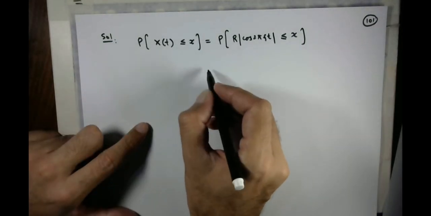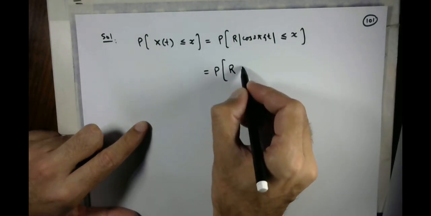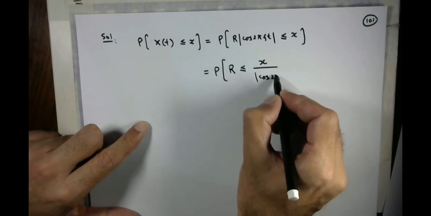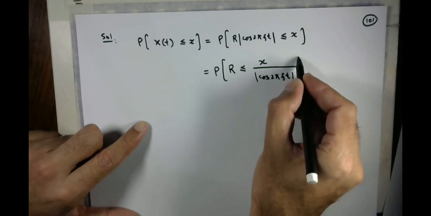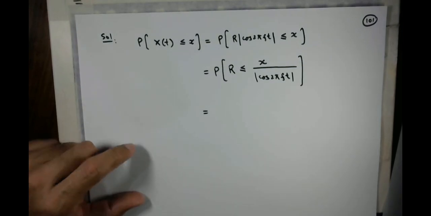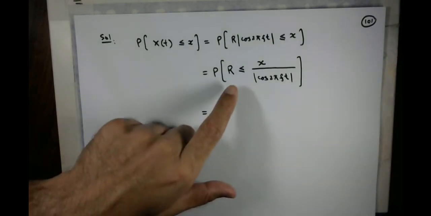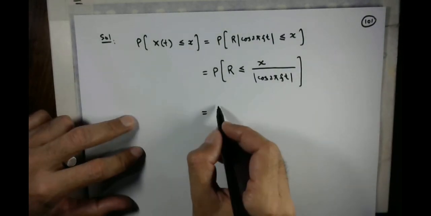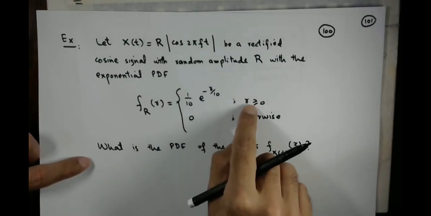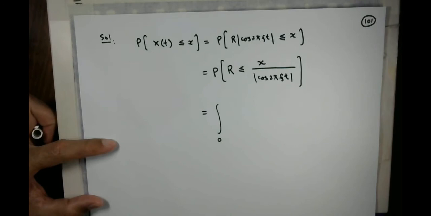So I can write it as the probability that r is less than or equal to x over absolute cos 2 pi ft. And so now you can find this probability, since you know the distribution of r here. This is the PDF of r here. So the CDF is simply the integral from 0, because r is going from 0 onwards, to this particular value.